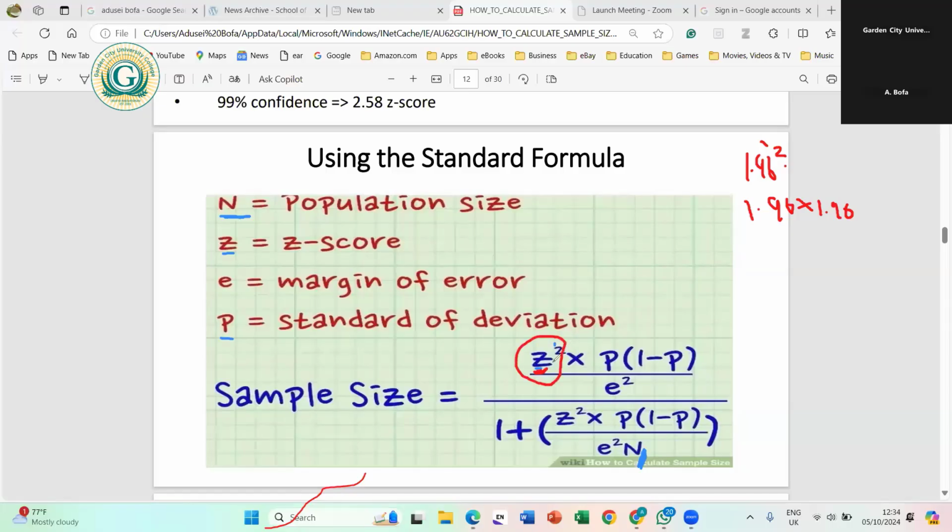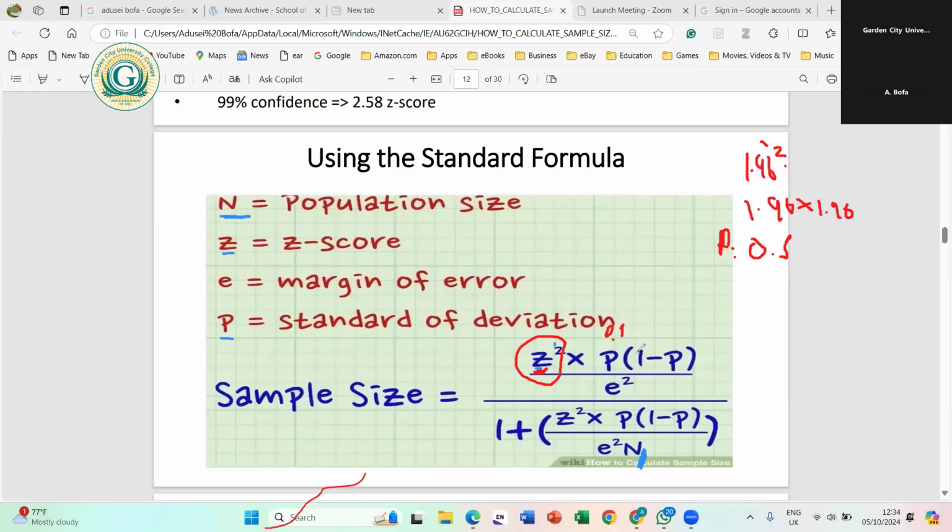Don't rush. Then you bring times P. Let's assume that we don't have any prior knowledge about P. So this time round, let's use 0.5. If P is 0.5, then this is going to be 0.5.